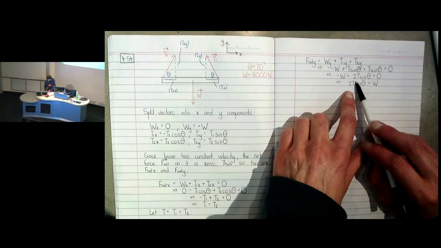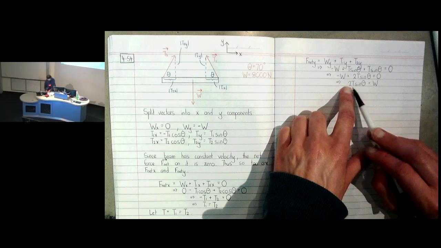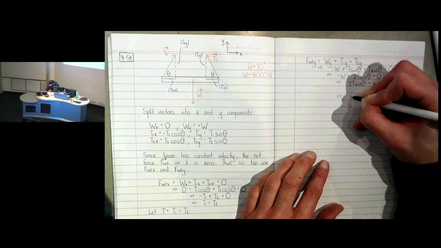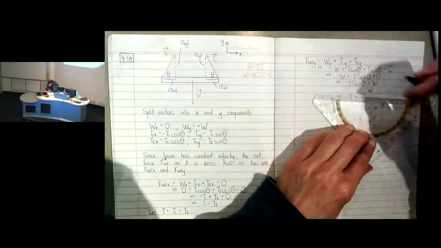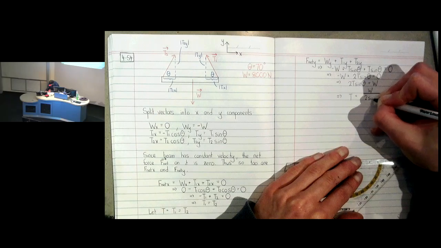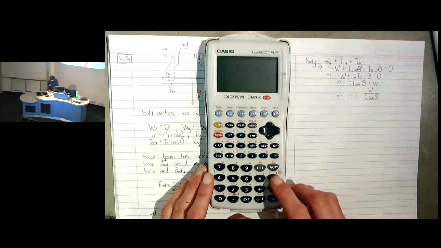So if we now just solve this equation for T by dividing both sides by 2 sine theta, what we find is that the tension force in each cable just has to be equal to the weight of the beam divided by 2 sine of theta. So let me stick that into the calculator.